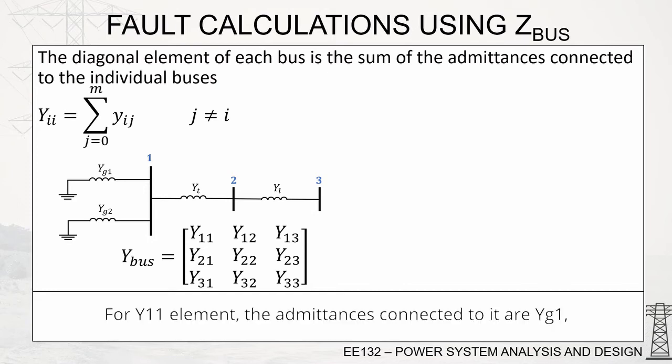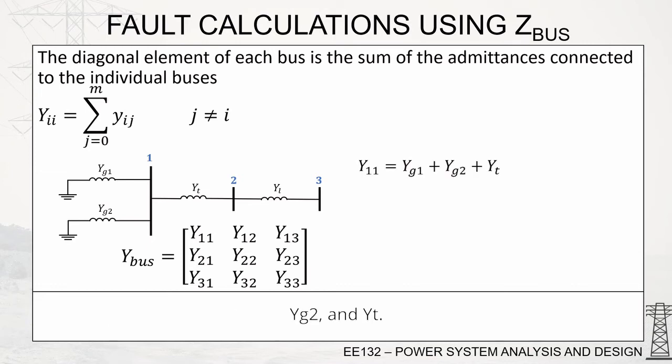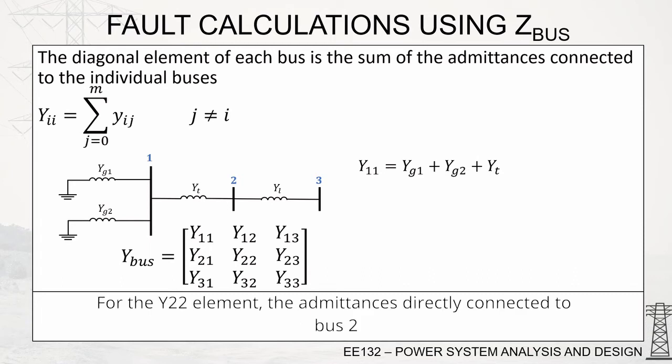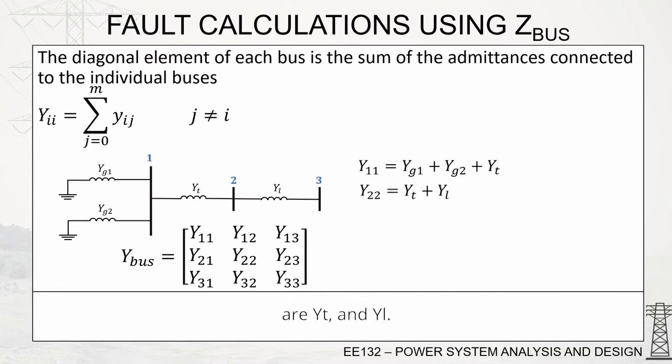For the Y11 element, the admittances connected to it are YG1, YG2, and YT. For the Y22 element, the admittances directly connected to bus 2 are YT and YL. And for the Y33 element, only YL is directly connected to bus 3.